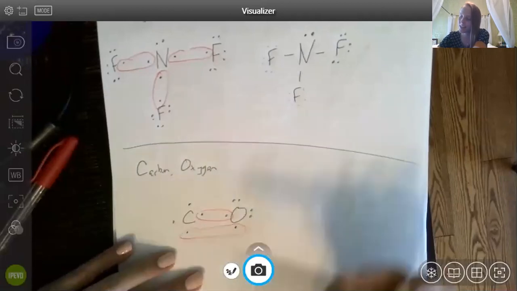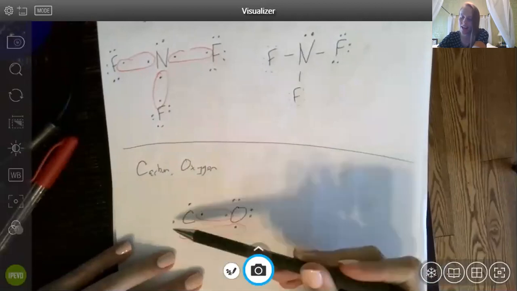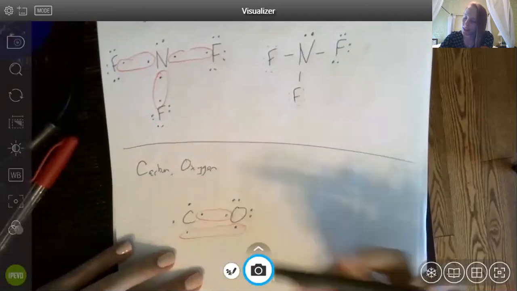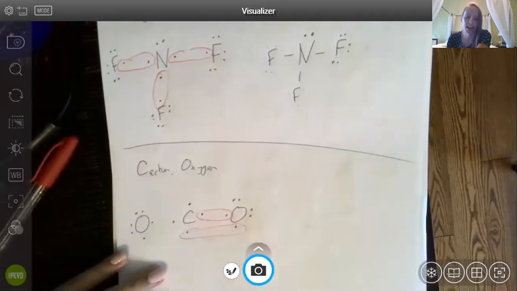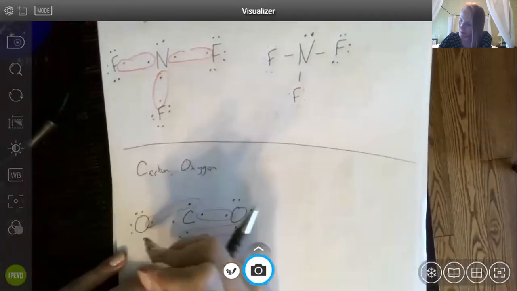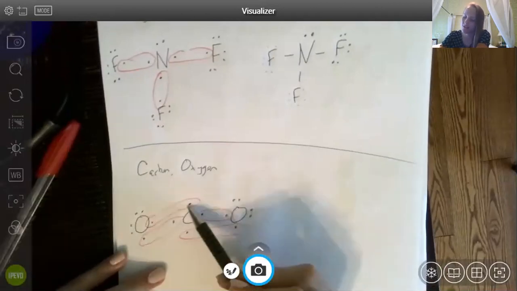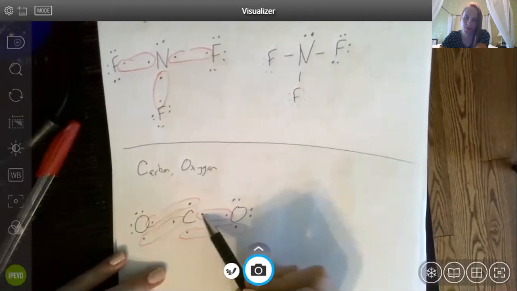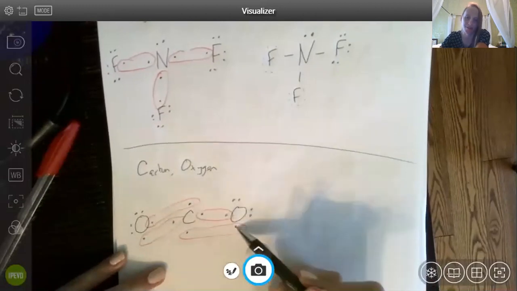Since oxygen needs 2 electrons, and that's what I have left here, it's going to be the simplest molecule if I add another oxygen, like so. This makes more sense because we have our carbon, which has 4 bonding sites, or a bond capacity of 4, in the middle. Our oxygens, which only have a bond capacity of 2, are around the outside.